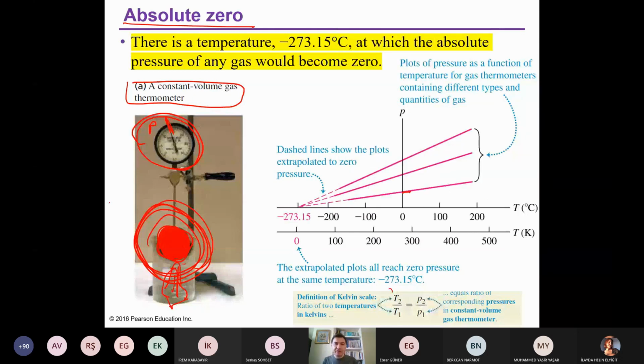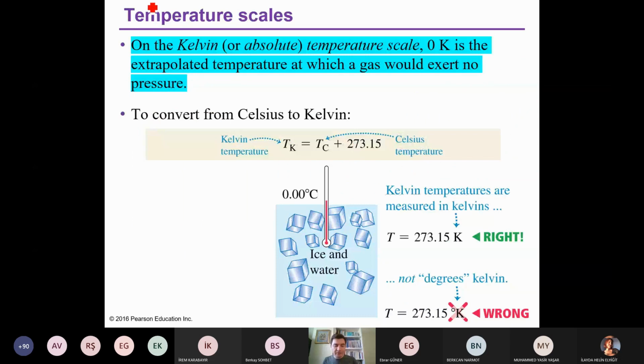Then let me continue with the conversion. And here we have this information. Actually, we have discussed this one on the Kelvin or absolute temperature scale. 0 Kelvin is the extrapolated temperature at which a gas would exert no pressure. Here we have discussed that at 0 Kelvin, the pressure of the gas is 0.